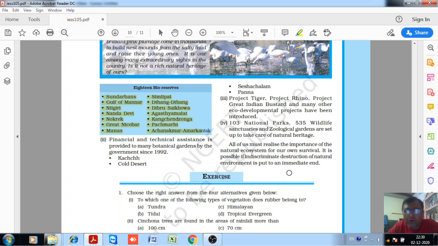Those are very important for our own survival as well as for the survival of different species of flora as well as fauna. So it is very important, and it is possible if indiscriminate destruction of the natural environment is put to an end immediately. If we take care of all such things, we can save our environment.